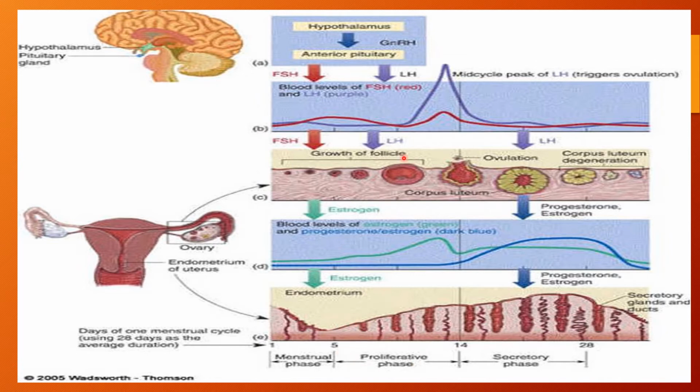The action of your LH and FSH will coincide with your proliferative phase, and after the ovulation, the start of your secretory phase. With the failure of fertilization and implantation, your menstrual phase will ensue.